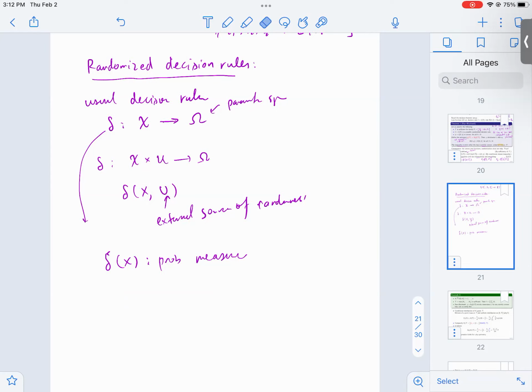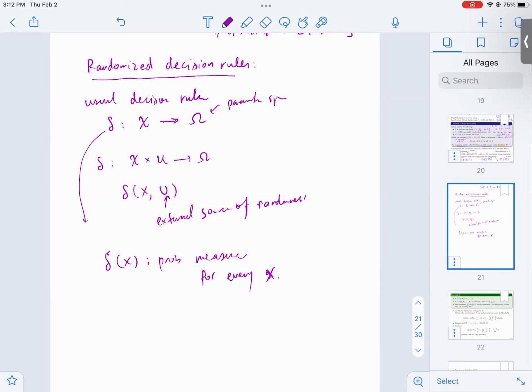So for every x, when I plug it in, it gives you a distribution over the decision, for every x. If you want to be really precise, it would be a Markov kernel. So delta, for every x, gives you the probability of the decision.